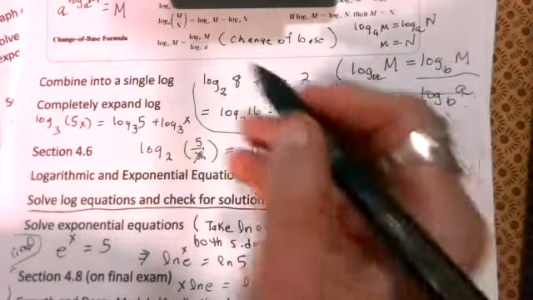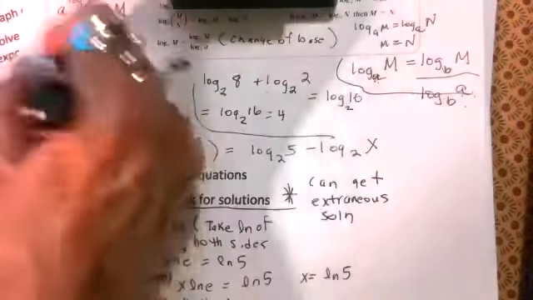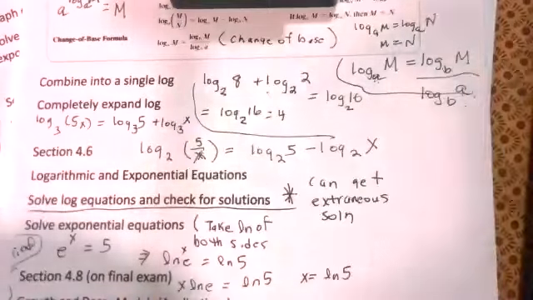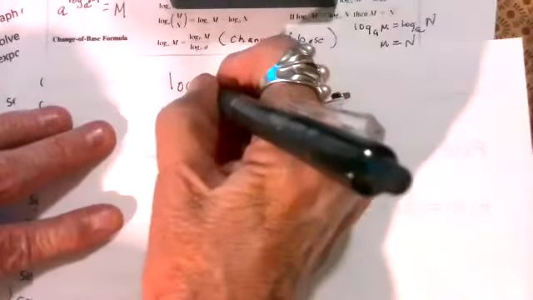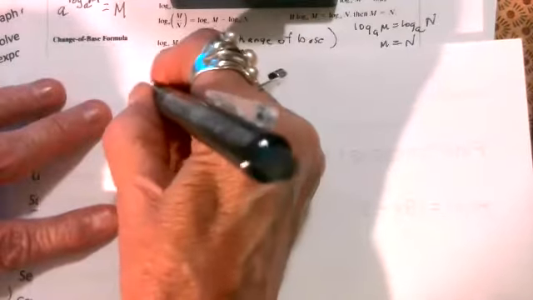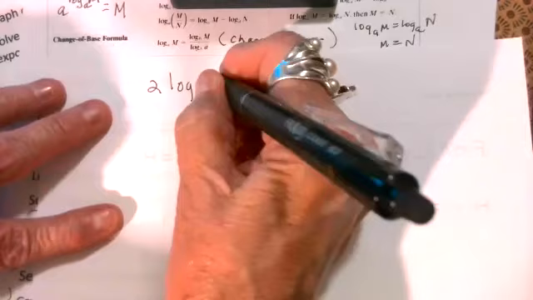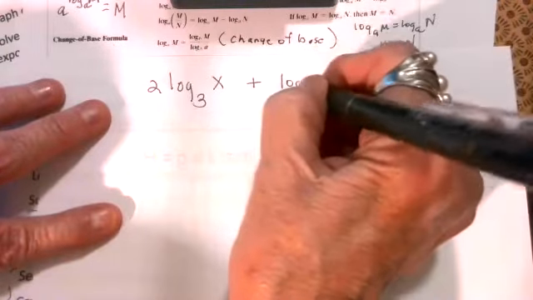And then if you have one with the exponents, they should come out front. So let's just do this too. Let's say we've got 2 log base 3 of x plus a log base 3 of 5.